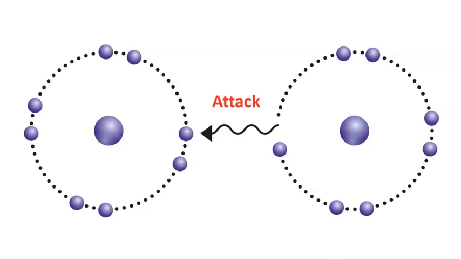A free radical is a molecule that contains an atom somewhere in its structure that is missing an electron in its outer shell. So a normal oxygen atom has 8 electrons in the outer shell, and the one on the right is missing an electron in the outer shell. So it's trying to steal an electron from another molecule that has all the electrons in the outer shell.